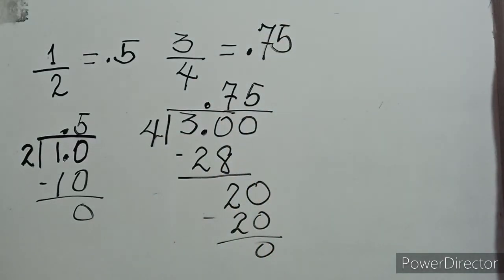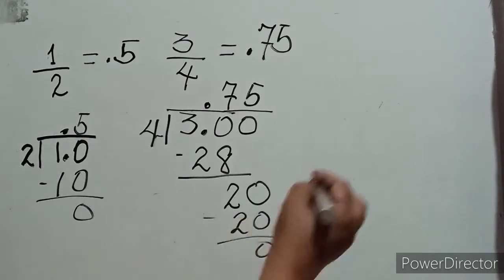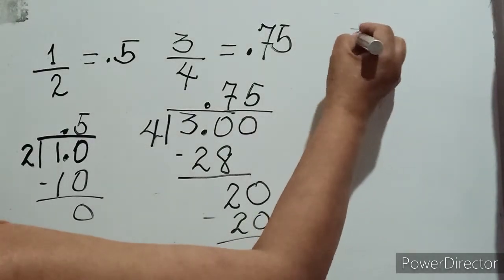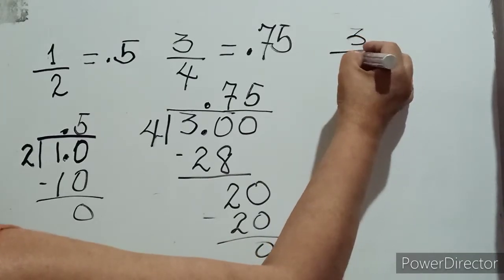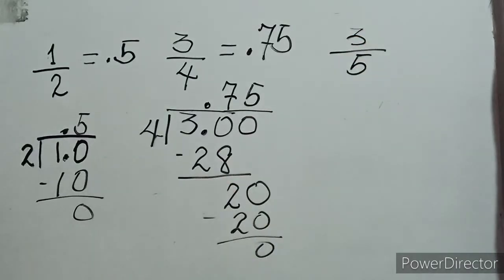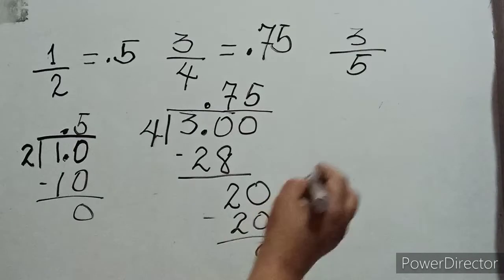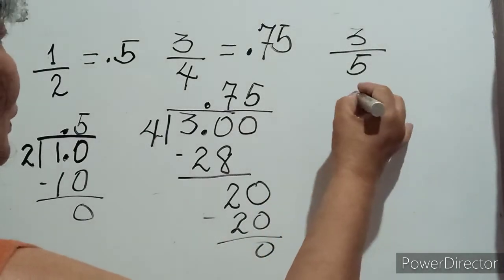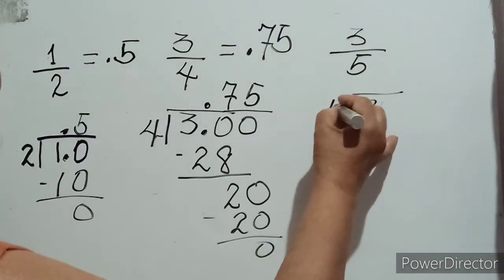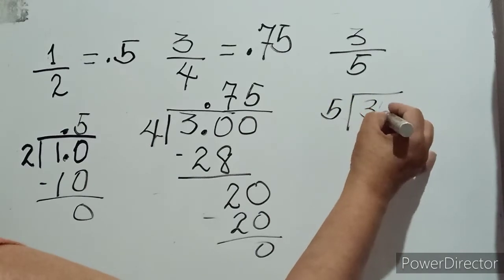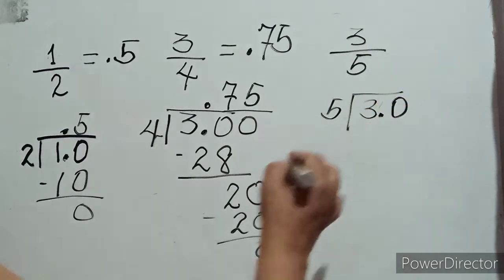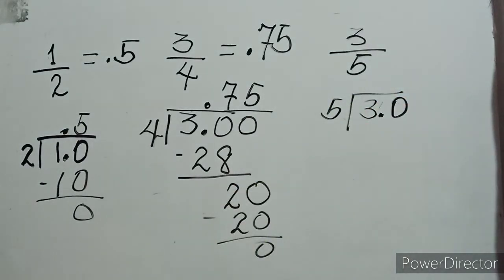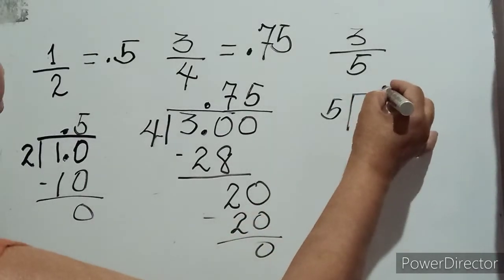Okay? How about if we have, let's take 3 all over 5, 3 over 5. So again, what shall we do? We divide the numerator by the denominator 5. Since there is no 5 in our 3, we need to add 0.